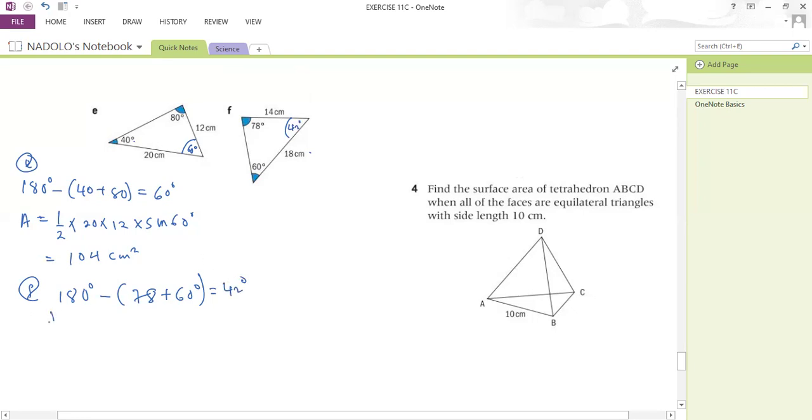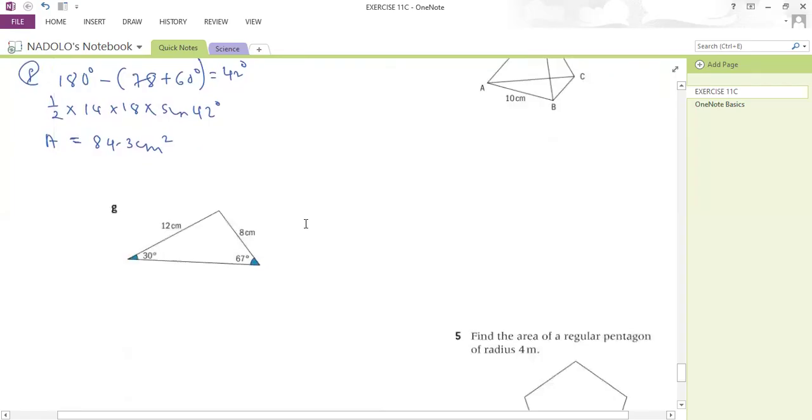So you're going to comfortably use the formula half multiplied by 14 times 18 times sine of 42 degrees. You'll do this and you'll get your area as 84.3 square centimeters to three significant figures.